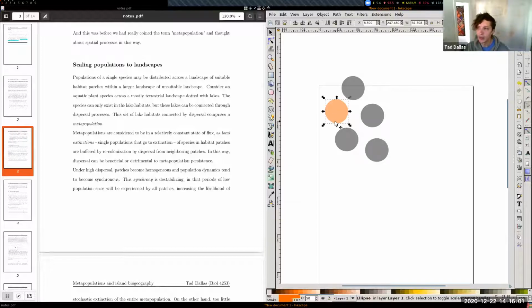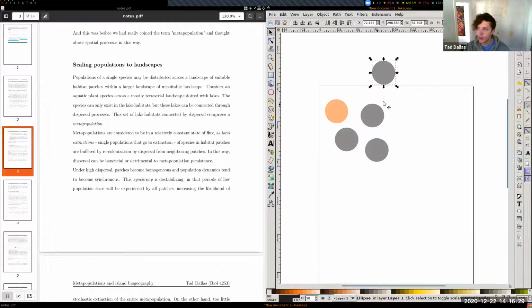So this one becomes colonized as a function of dispersal, potentially from another colonized patch. In the next time step, this one will be the source of colonizers sent out to these other patches. So this is a population of maybe 50 individuals, dispersing individuals that will colonize other patches and lead to further dynamics.